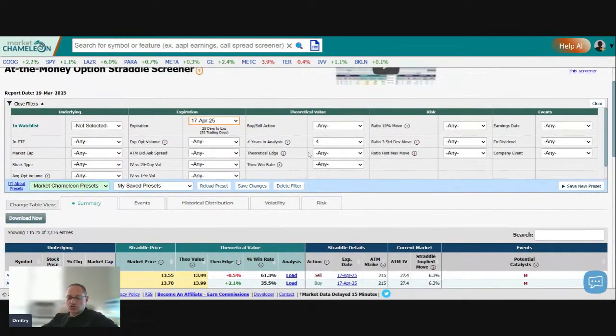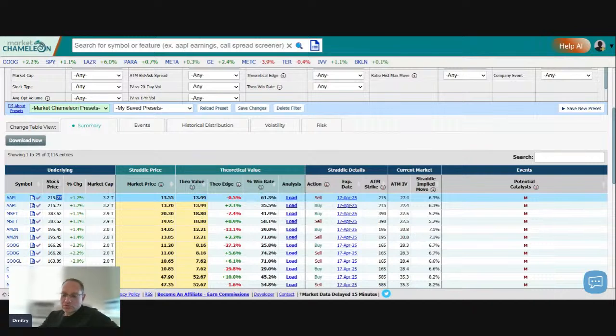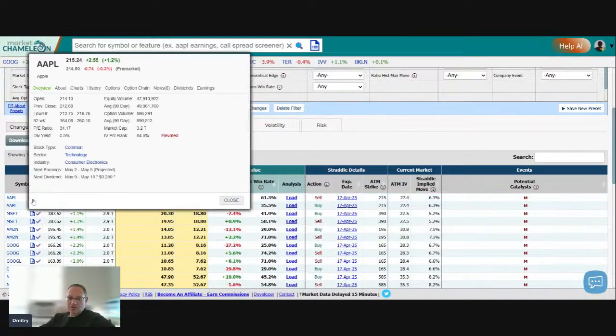Before we do a screen, let's first just quickly go from left to right to look at what the different data elements are. And then we'll go and do a screen to narrow down potential candidates. So from left to right, you can see this is the symbol. It's for Apple. If you click on this little info sheet, it'll give you more information on this symbol.